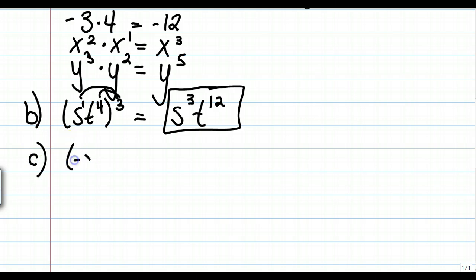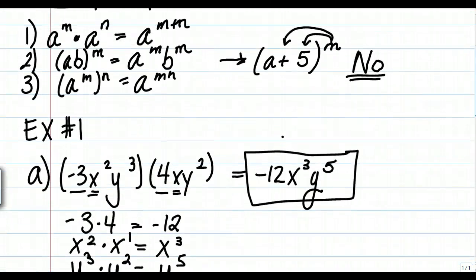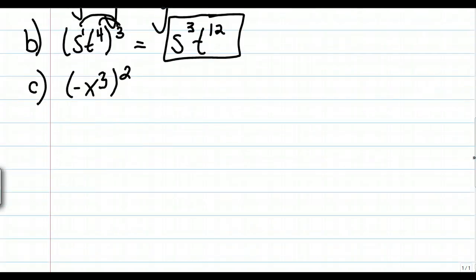C, I have negative x to the 3rd power, that's a weird 3, squared. And again, this looks like what rule? 1, 2, or 3? Well, to me, it looks a lot like rule number 2. The only thing is you have to remember that there's an imaginary 1 here, and it's negative.